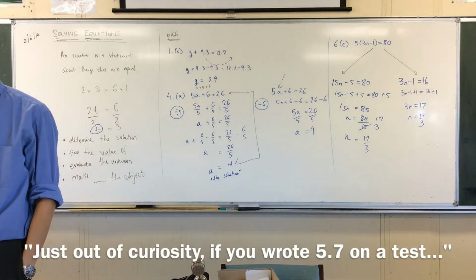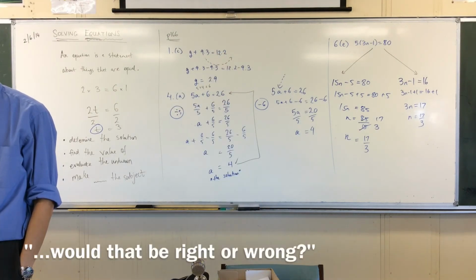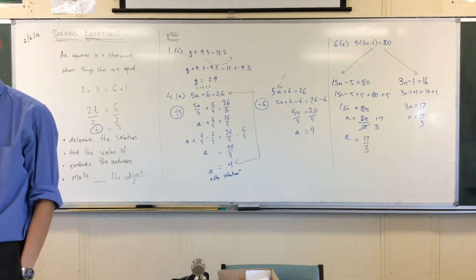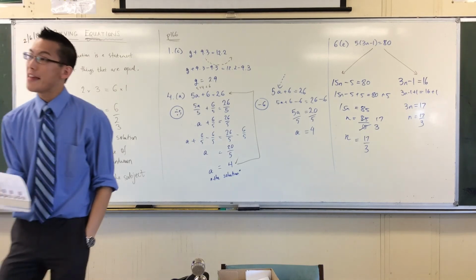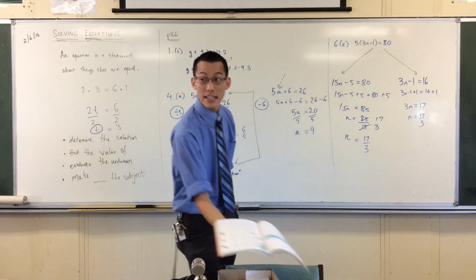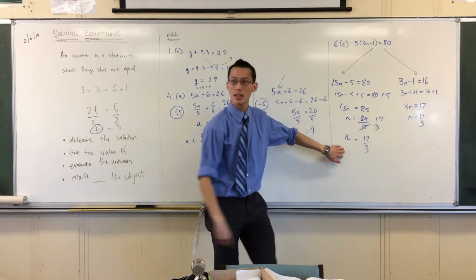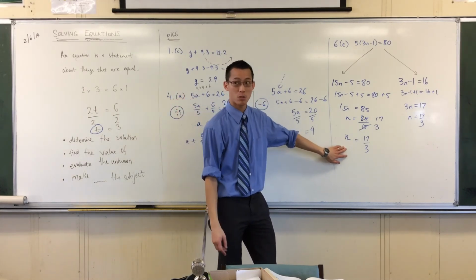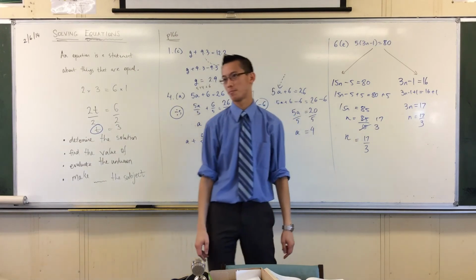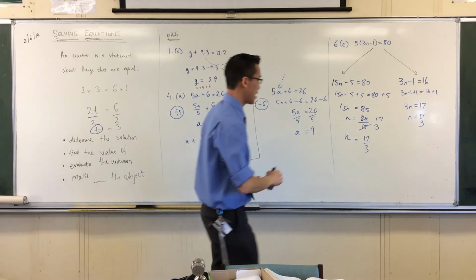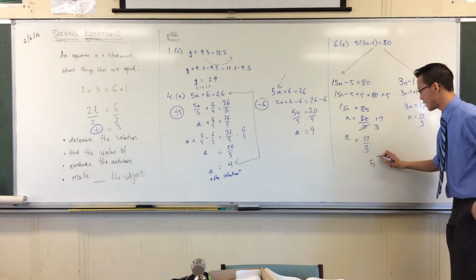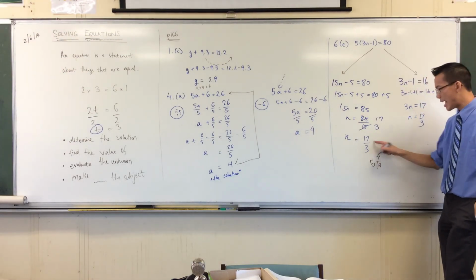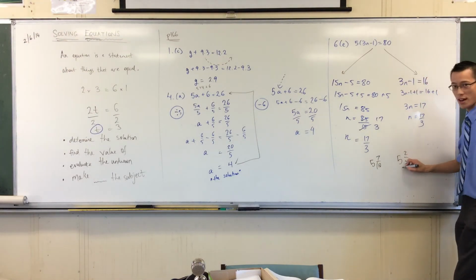Just out of curiosity, if you put 5.7 in the test, would that be right or wrong? Wrong. Why? The way I would say 5.7 is right is if I asked you to give the answer to 1 decimal place. But it's not 5.7. 5.7 is 5 and 7/10, whereas this answer is 5 and 2/3.